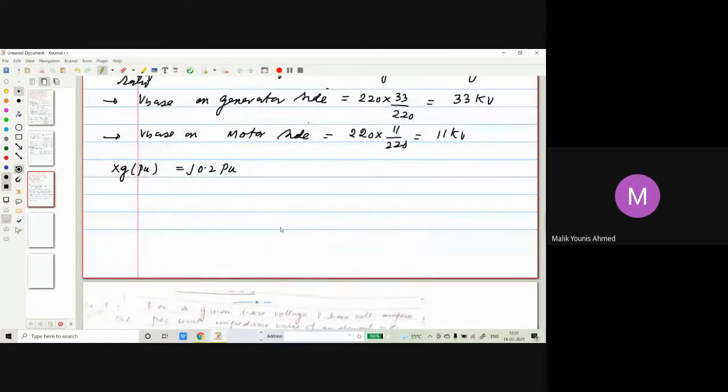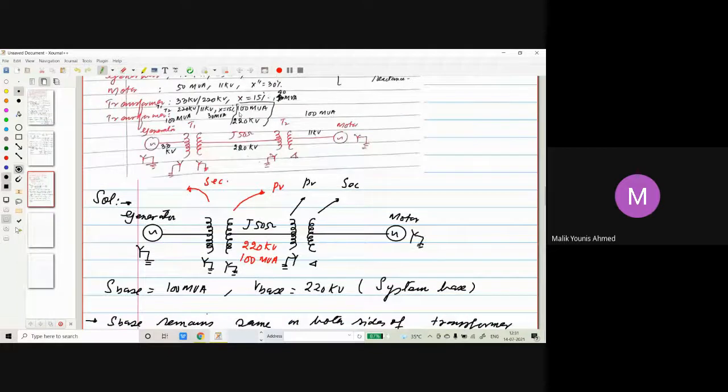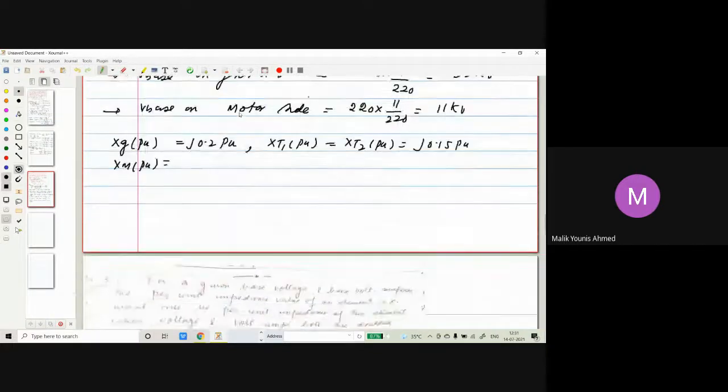So XG for the generator, and next is XT1 in per unit equal to XT2 in per unit, which is equal to j0.15 per unit. So for the transformer, both are j0.15. For the motor, XM per unit is given as 30%, that is j0.3.